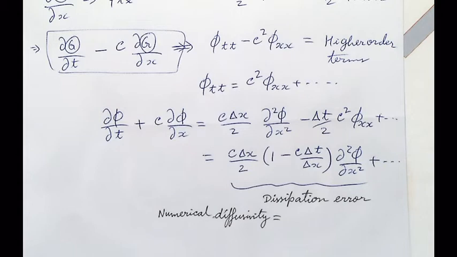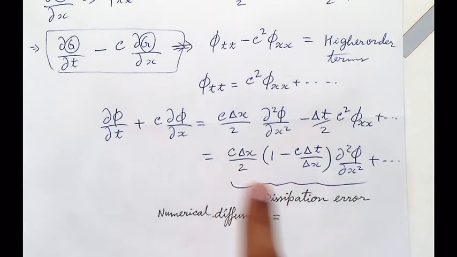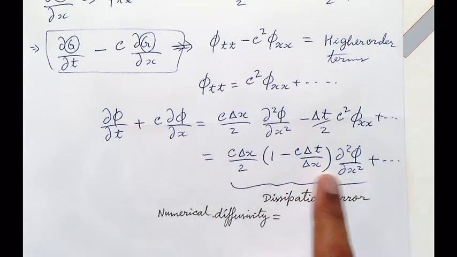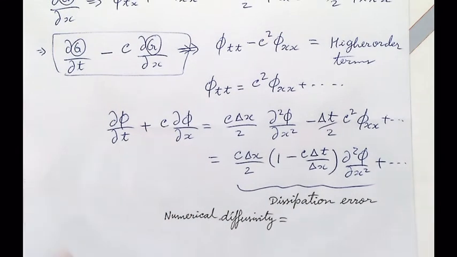This c times delta t divided by delta x must be less than 1. You're talking about stability. Yeah, but this creates a dissipation, right? Okay, so that's actually a very nice point. You remember we were talking about what happens when CFL is exactly equal to 1. So you will see here, this term will become 0. And our advection equation becomes exact. Okay? So you can see that mathematically from here.